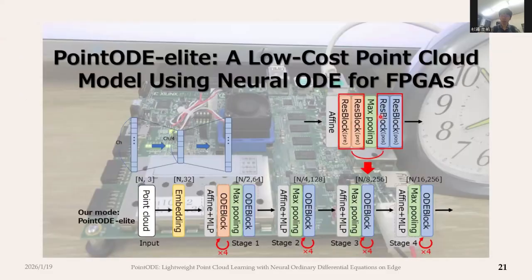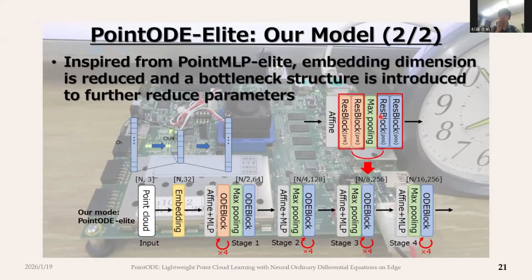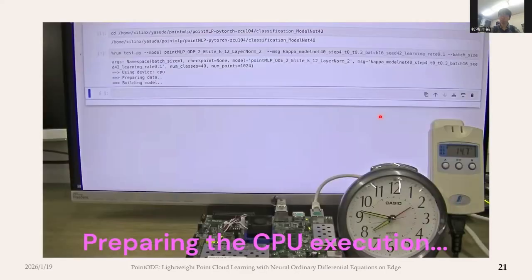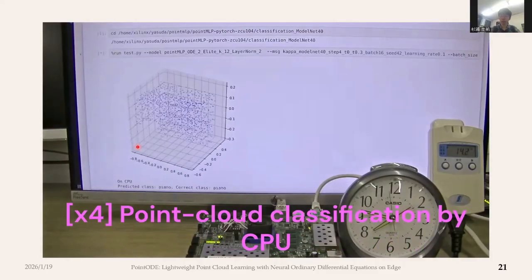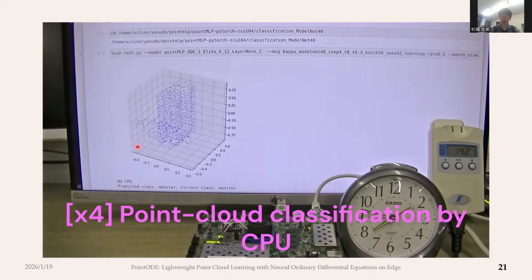We have a demonstration video of the proposed PointODE-elite, which is also available on YouTube. And the classification task is running on the CPU, and the inference time is around 300 milliseconds.